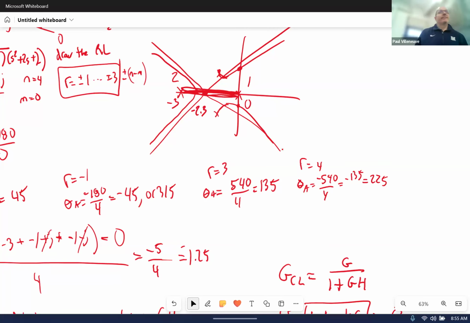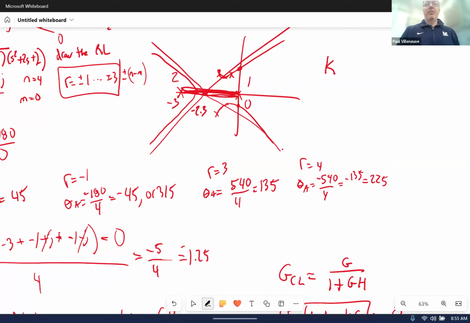But now you're asked to find the value of K at which the damping ratio gives you a certain value. How would you go about it? If I know a K that I want, let's say that my damping ratio gives me a point over there, I have that value, so that's a valid root.